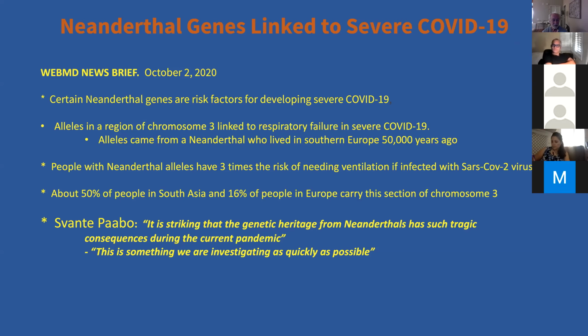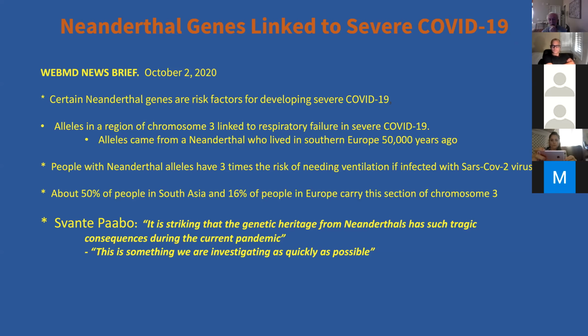There are several alleles in a region of chromosome 3. This would be human chromosome 3. Linked to respiratory failure in severe cases of the disease. These alleles came from a Neanderthal who lived in southern Europe about 50,000 years ago.